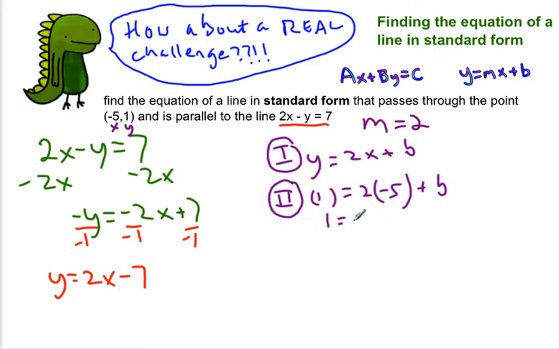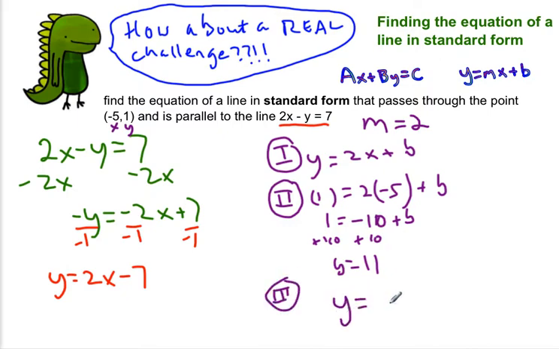So we have y equals -10 plus b. We add 10 to both sides, and b equals 11. So now we have a slope and we have y-intercept, and we can write the equation of this line. So the equation of this line is y equals 2x plus 11.